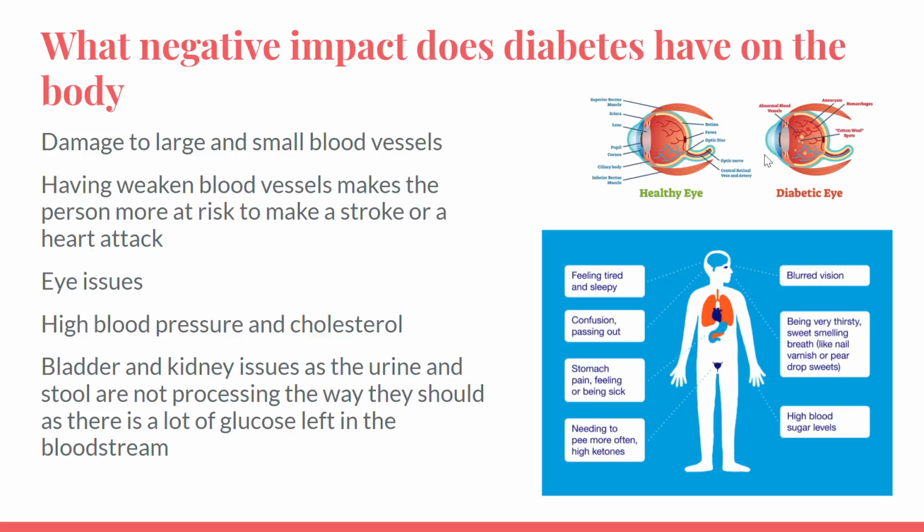So you can kind of tell a healthy eye versus a diabetic eye. And you can see the vessels are kind of inflamed and there's a good amount of things wrong with it. So these are also some more of the symptoms of having ketosis, which can happen if you have diabetes.